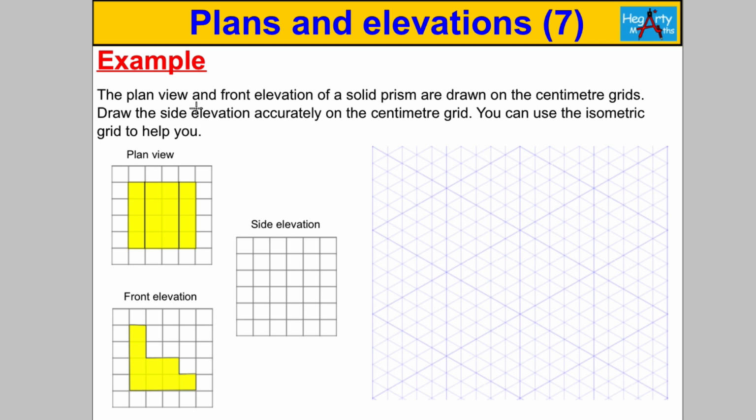So here we're told the plan view and front elevation of a solid prism are drawn on the centimeter grid. Draw the side elevation accurately on the centimeter grid. Use the isometric drawing to help you. So we've been given the front and the plan, and if we then draw the isometric shape, it will help us do the side. So the front has a base of 4.